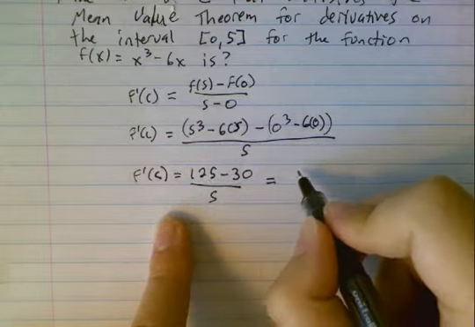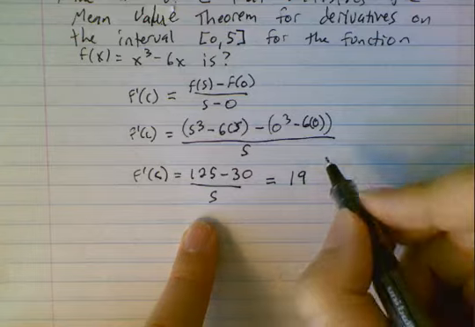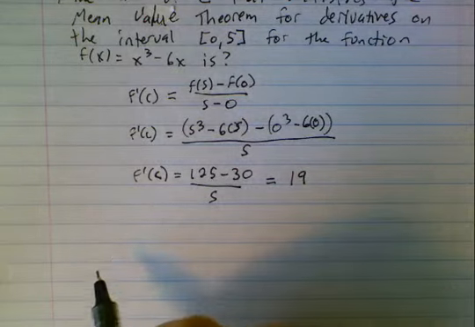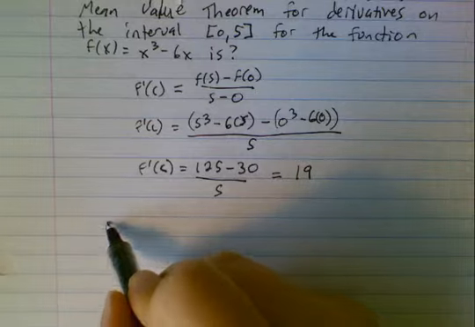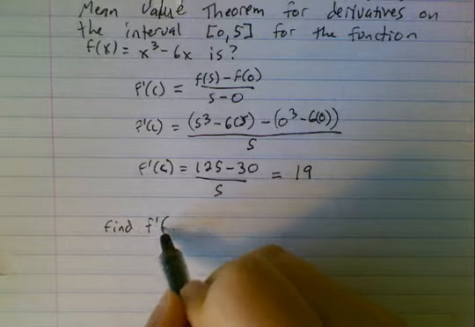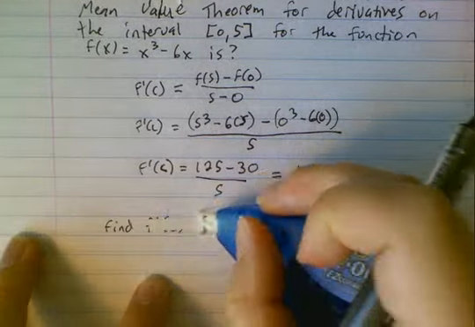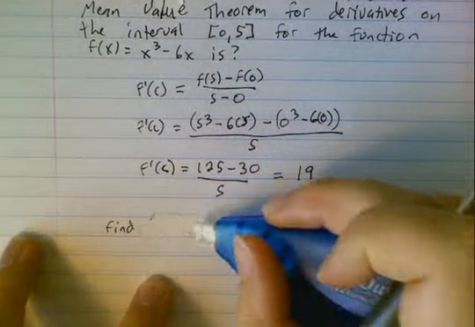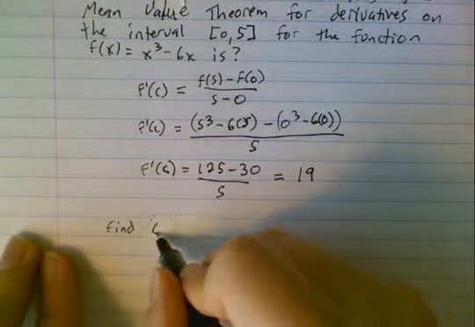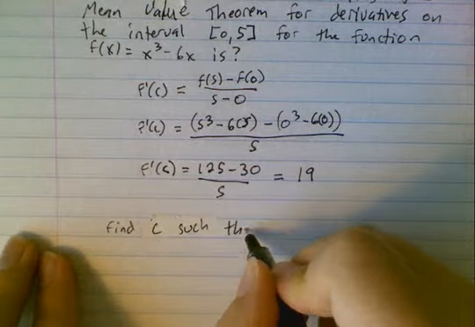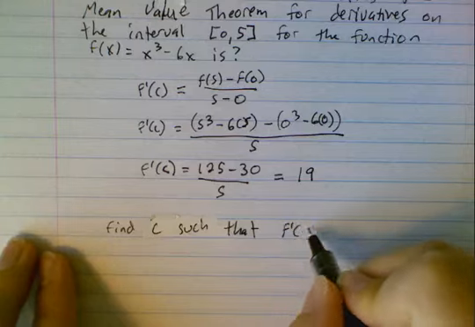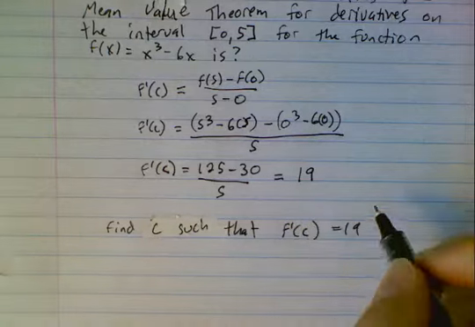That is 95 over 5, or 19. So that means our problem is to find c such that f prime of c equals 19.